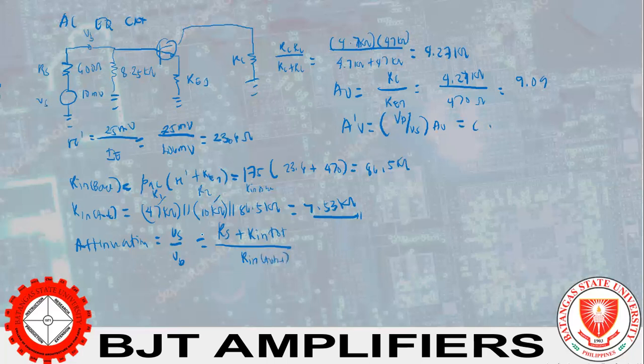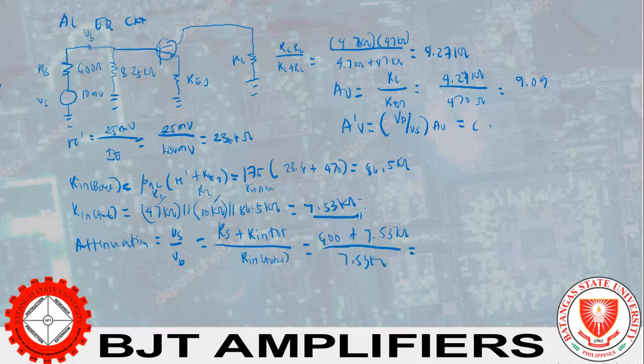Yan. So, kasi VS natin is IB times RS plus R in tot. So, BB natin IB times R in tot. So, kaya cancel yung IB pareho. So, we have here 600 plus 7.53 na R in tot. Nasa na yun? Ito, kilo ohms. Over kay 7.53 kilo ohms.